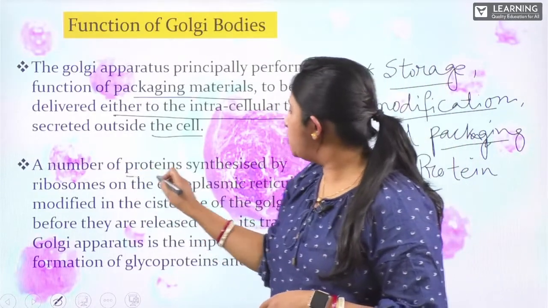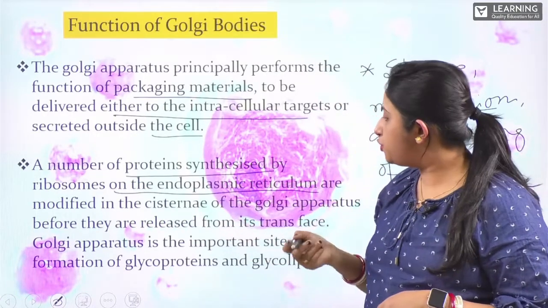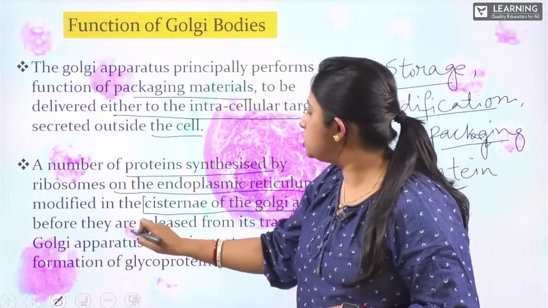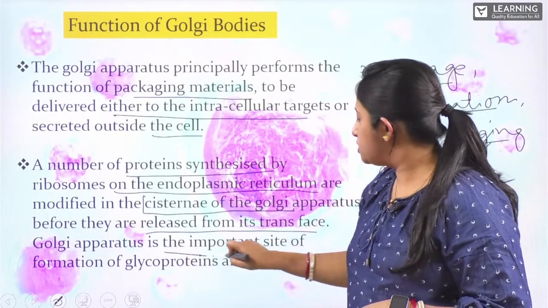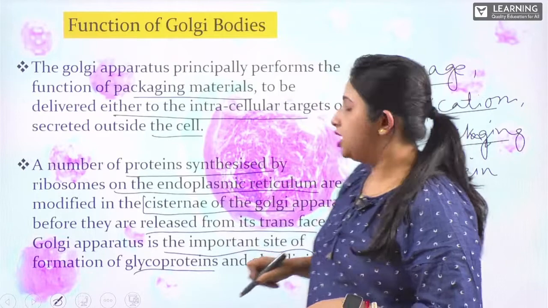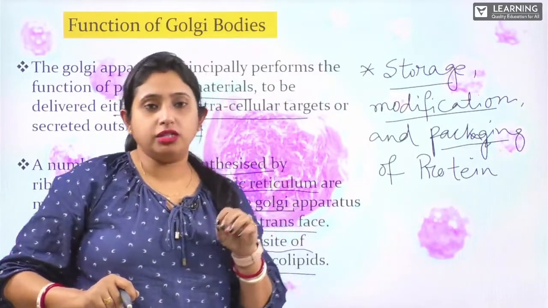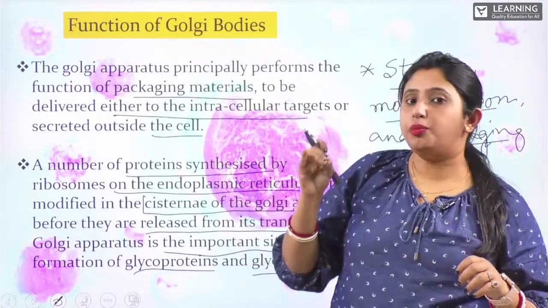So a number of proteins synthesized by ribosomes on the endoplasmic reticulum are modified in the cisternae of the Golgi apparatus before they are released from the trans phase. The Golgi apparatus is the important site for the formation of glycoproteins and glycolipids. What do you mean by glycoprotein?